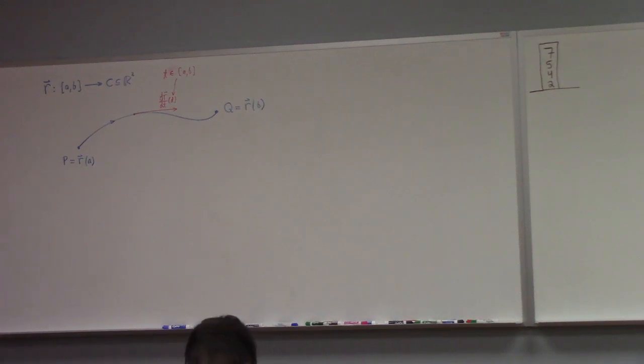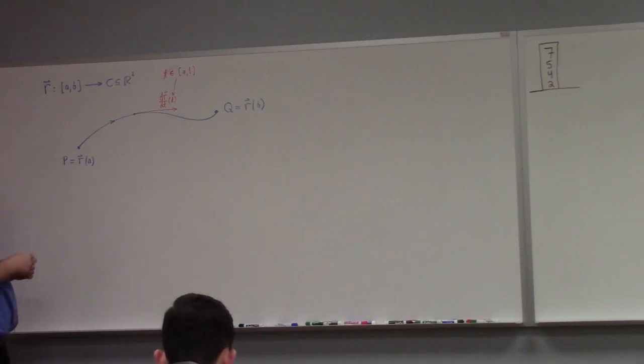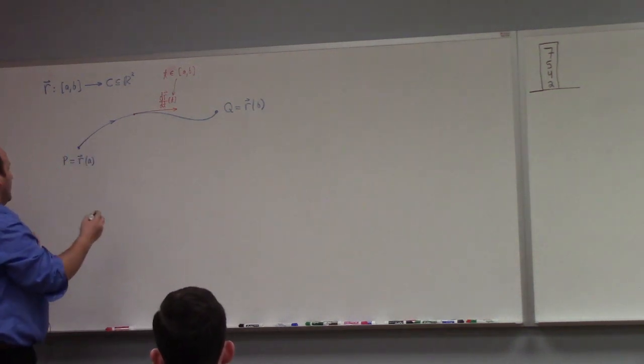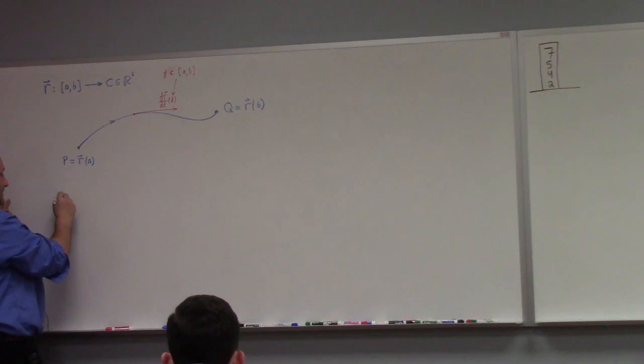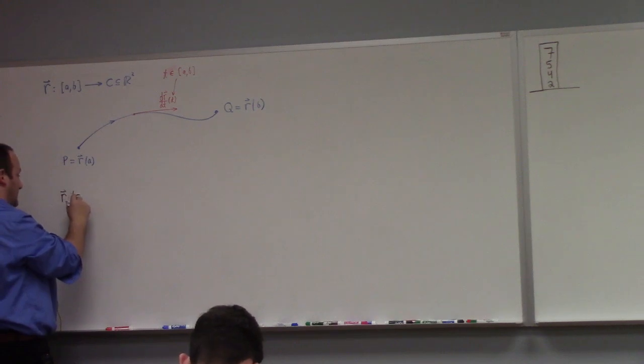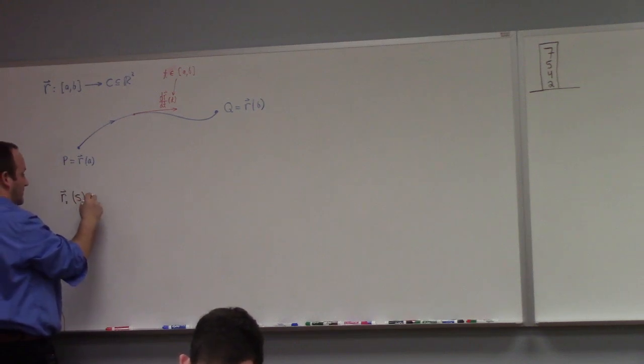One thing you could do here is reparameterize this path. We could talk about r2, which is a function of s, let's say.